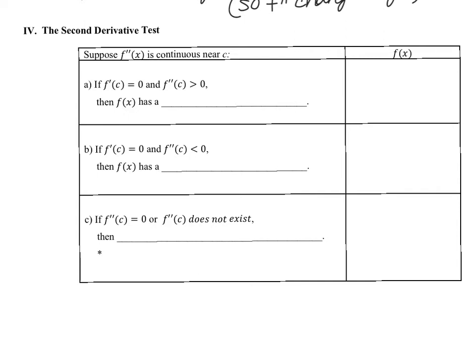If we have a critical value where the first derivative is equal to 0, so that means we have a horizontal tangent, and if we know that the second derivative is positive, so that means that the graph is concave up, then think about graphing something that is concave up with a horizontal tangent at that point. Since the second derivative is greater than 0, the graph is concave up, which tells us that the graph had to have a local minimum. So f of x has a local minimum at c.